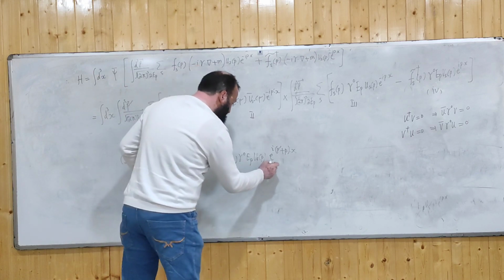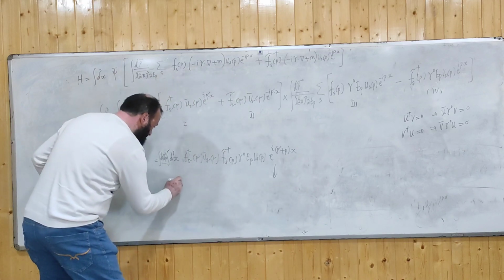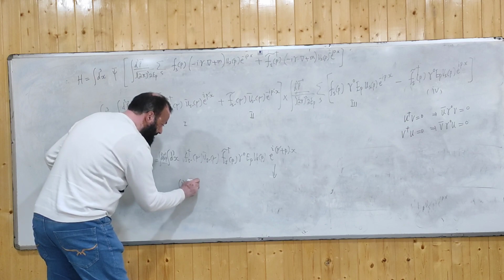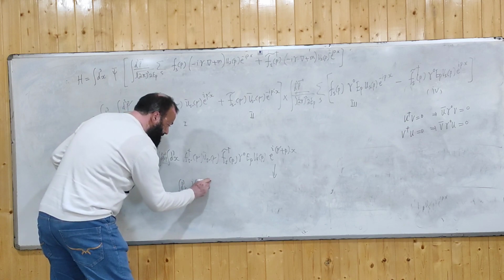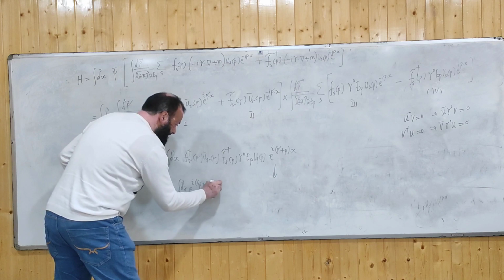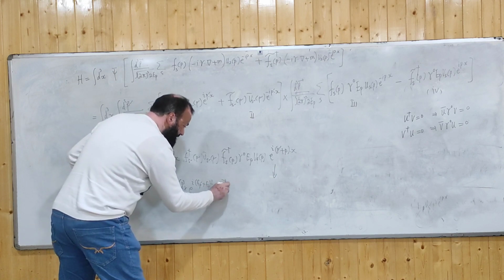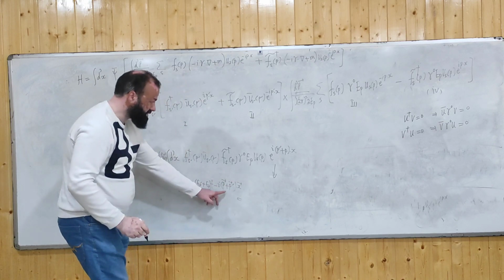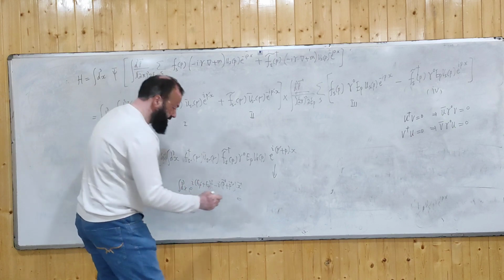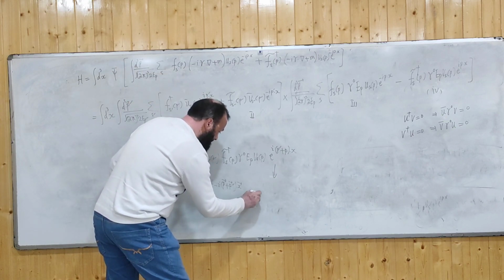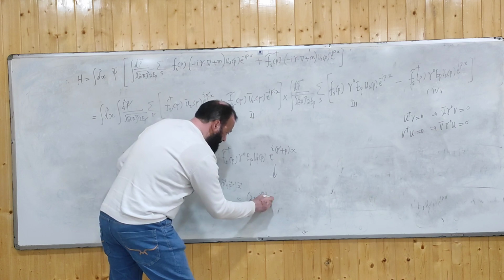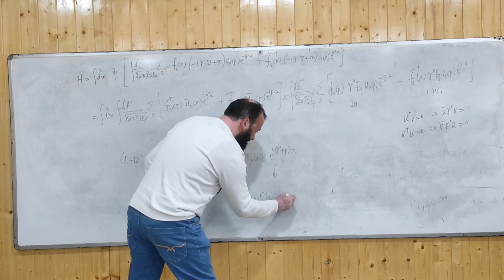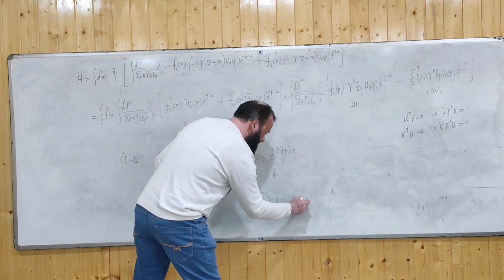What does it yield? If I now do the integration over d3 of x of e raised to i (ep prime plus ep) t minus i (p plus p prime) dot x, this will yield a delta function: 2 pi cube delta 3 of p plus p prime, and then the exponential e raised to i (ep prime plus ep) t.